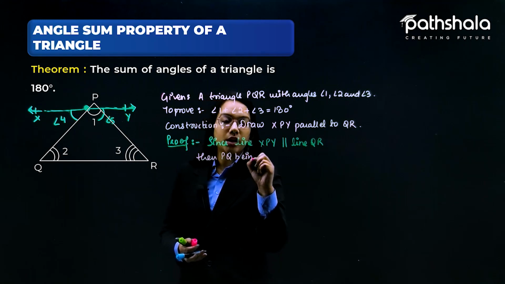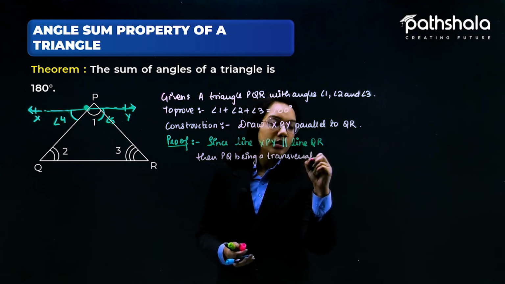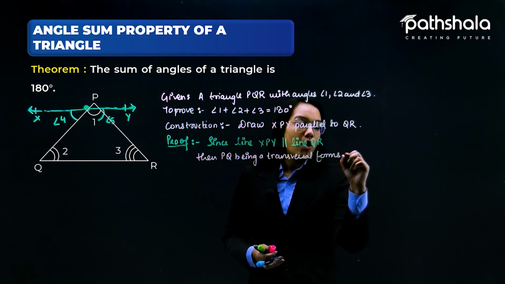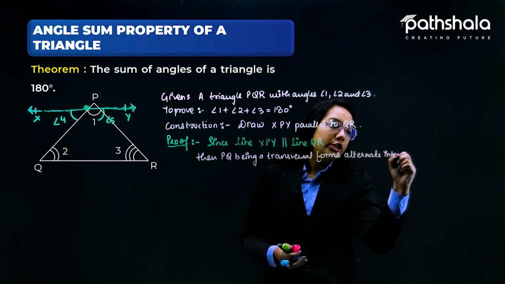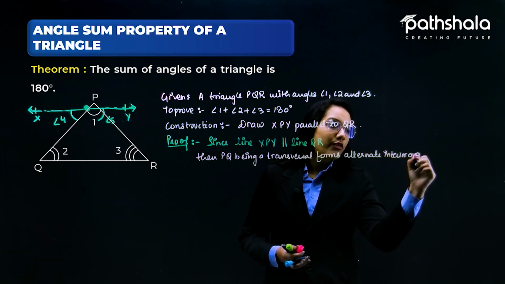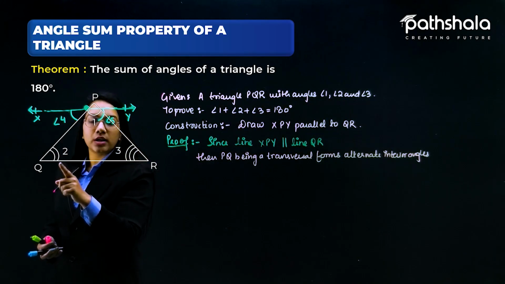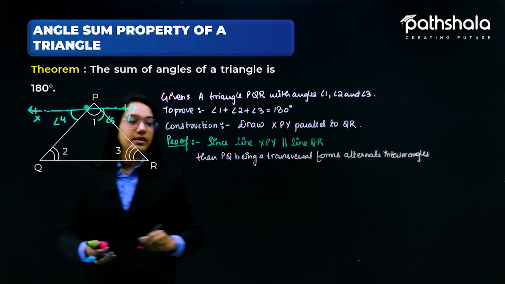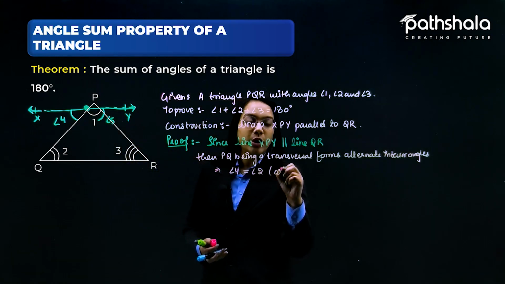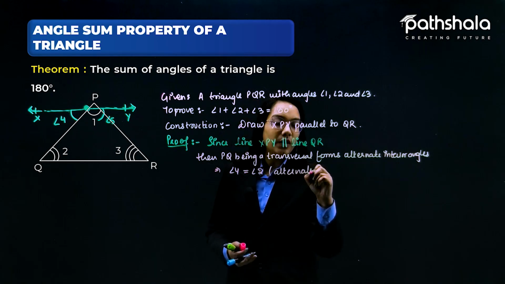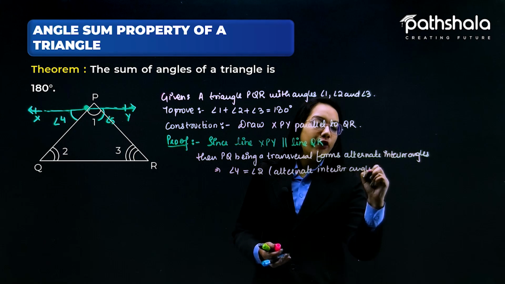PQ being a transversal forms alternate interior angles, and we can see here that angle 4 and angle 2 are alternate interior angles. It implies that angle 4 is equal to angle 2, because they are alternate interior angles.